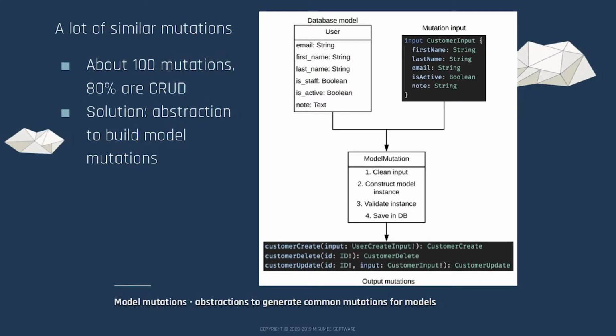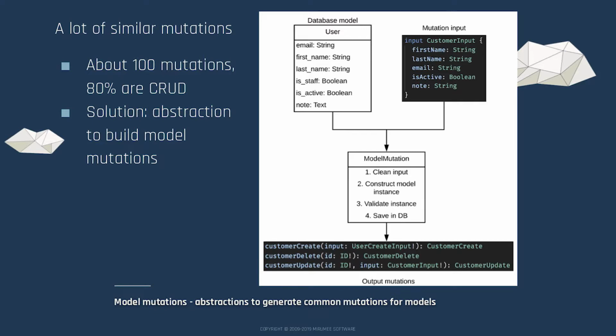They are pretty similar, and you also have this user model. This is your database model. So we built this little tool called model mutation, and in order to use that, you have to provide two things. First you provide your user model, and then you provide the mutation input. The mutation input tells what data you should provide to the mutation in order to use it.